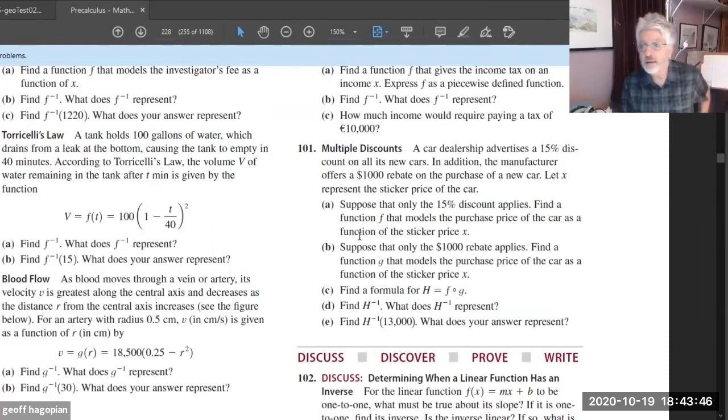So a tank of 100 gallons of water drains from a leak at the bottom, causing the tank to empty in 40 minutes. According to Torricelli's law, the volume of water remaining in the tank after T minutes is given by this function. So it's f of t.